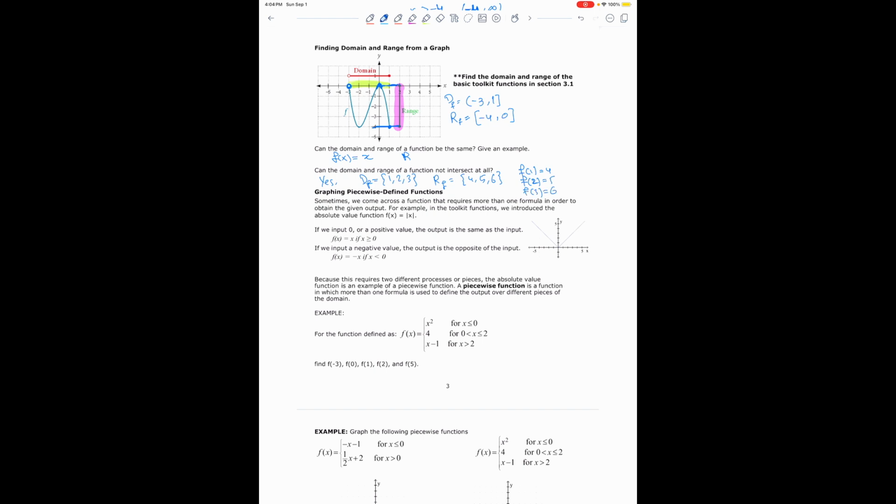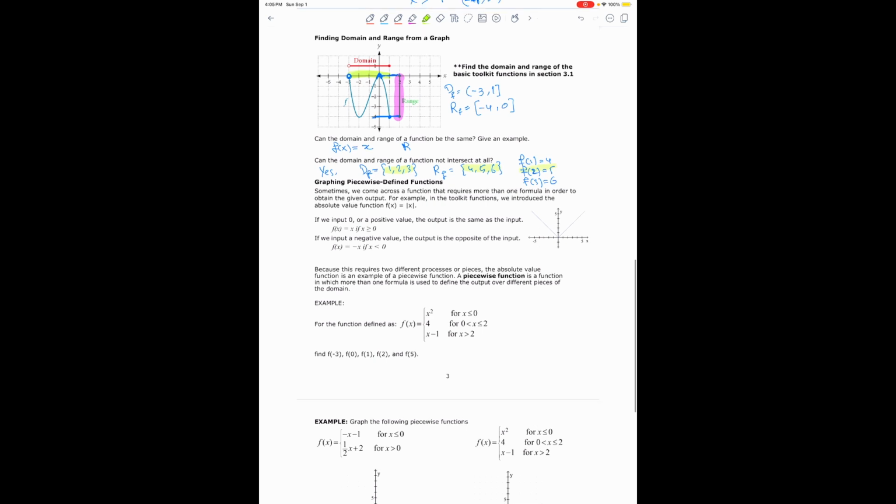Notice how the domain does not intersect with the range. There are no common numbers that they share, but there is a function defined with these conditions. So it is possible for the domain and the range of a function not to intersect at all, but on rare occasions, of course.